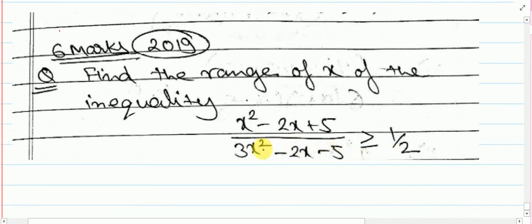So here you can see on the left hand side we have in the denominator 3x square minus 2x minus 5. This is a quadratic function. So firstly we have to see whether this is always positive or always negative, or for some values it's positive and for some it's negative. We have to find that. If it is always positive, then good for us. Otherwise we have to do it in a different way.